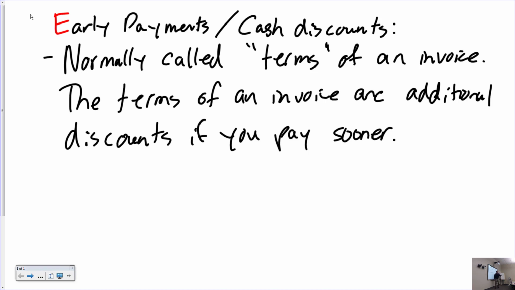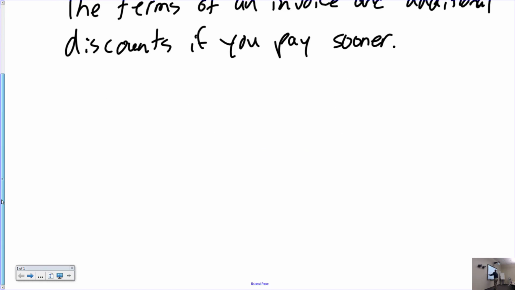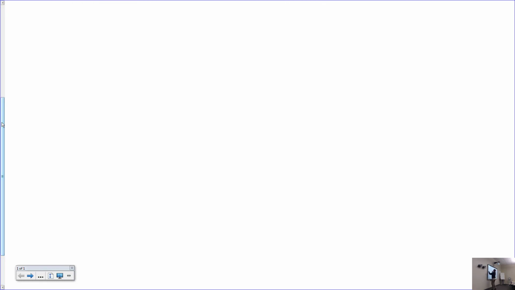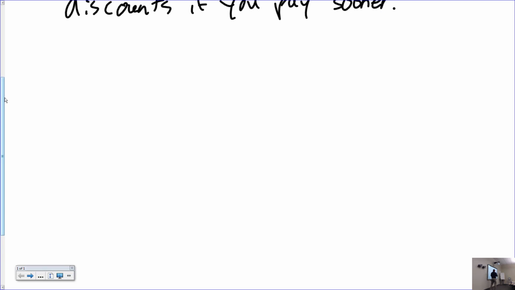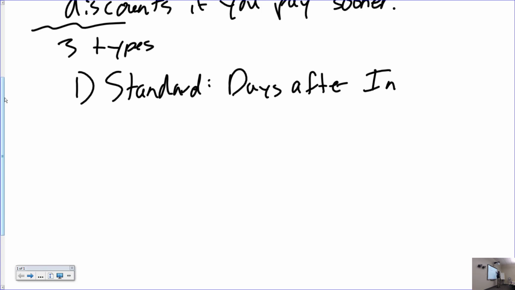Now, we went over the 3 different types, right? Yes. Okay, cool. Flavors. 3 different flavors. What did I call the first one? Standard. Okay, standard. This is where your discount is calculated as the days after the invoice date.